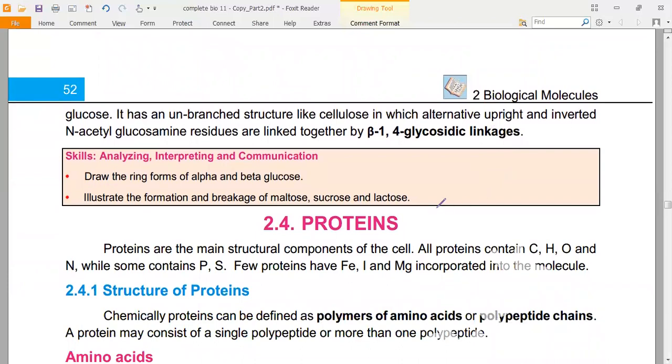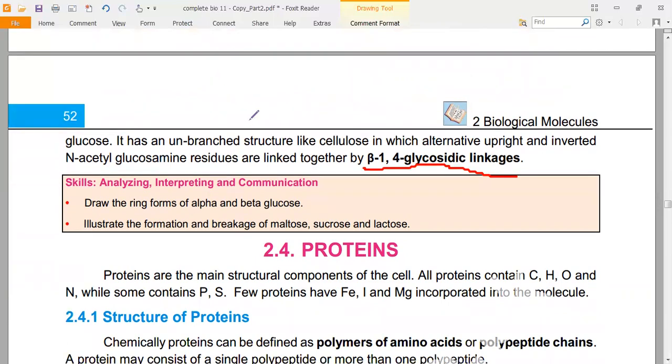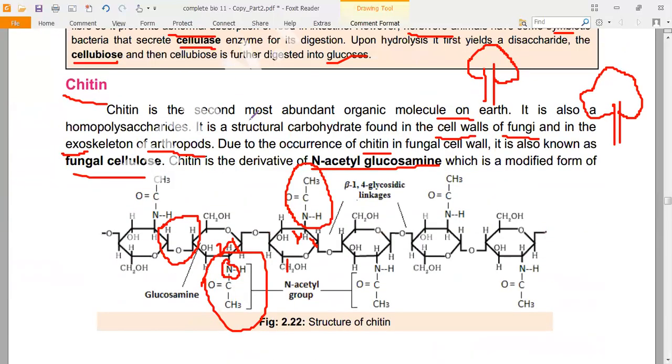So actually this makes beta 1,4 glycosidic linkages, and the function is the same as in cellulose, that it is a structural carbohydrate, a homopolysaccharide, but it is present mainly in fungi and the exoskeleton of arthropods.